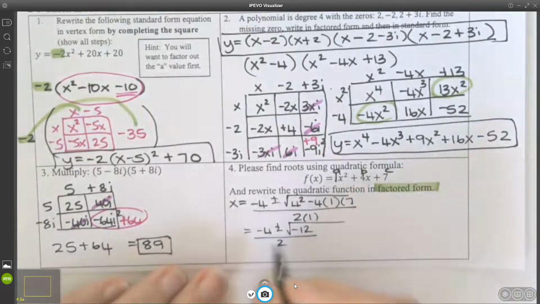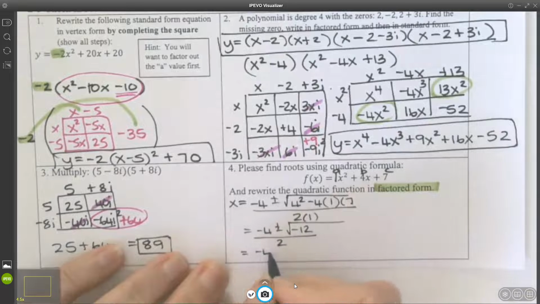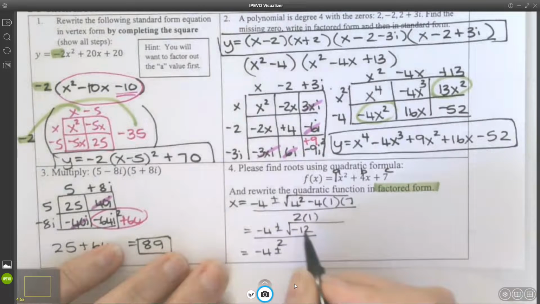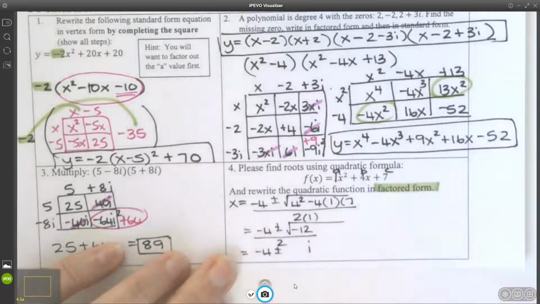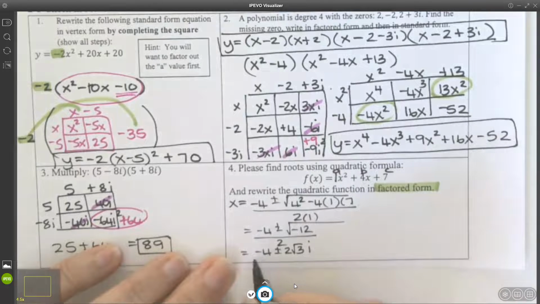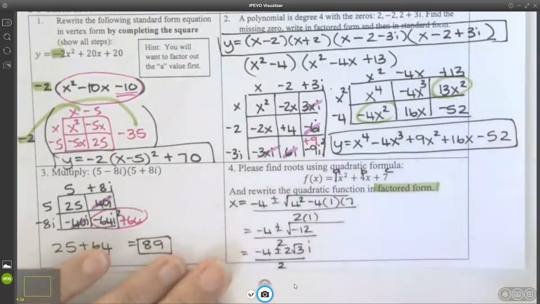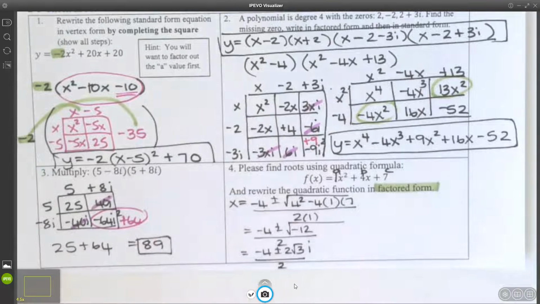And then I can simplify this because I have negative 4 plus or minus. The negative can come out, so I'm going to have an i. And then the square root of 12, I could simplify that because 12 is 4 times 3. So I could take the square root of 4 out, which is 2. And I'm going to leave that as 2 root 3 i divided by 2. And then I can simplify that some more.